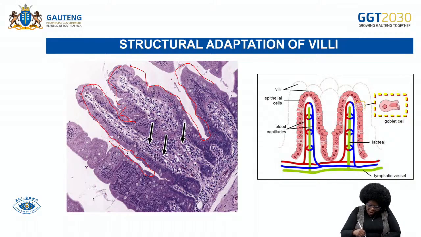You see a single layer of cells, which is called epithelial cells. A single layer of epithelial cells. And this is also on that thin layer, one layer of columnar epithelial cells.